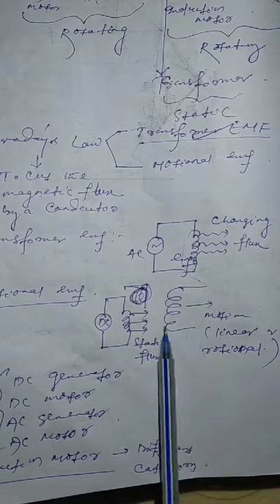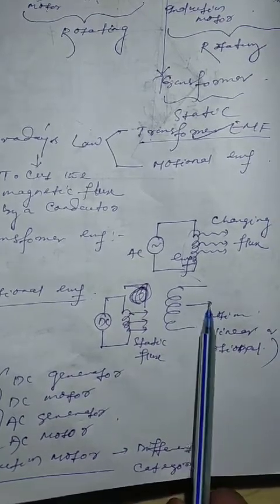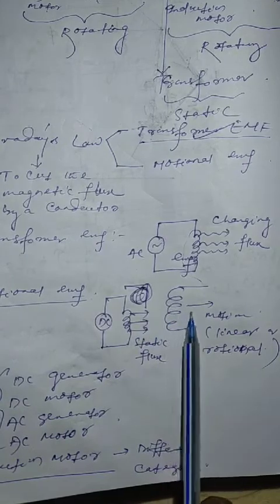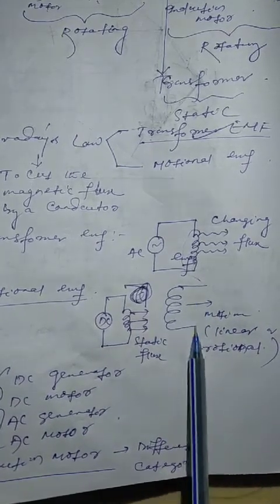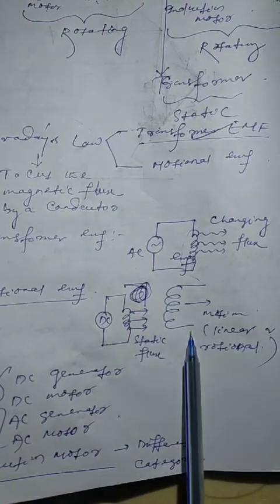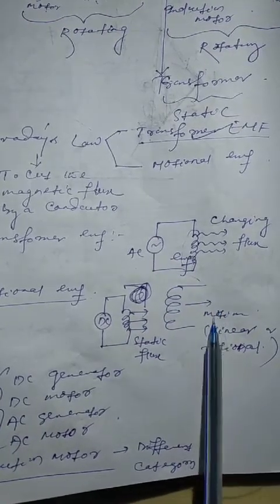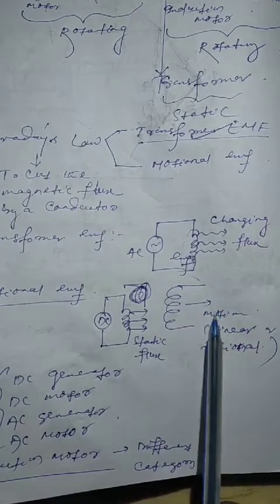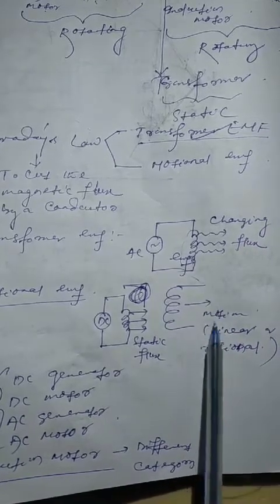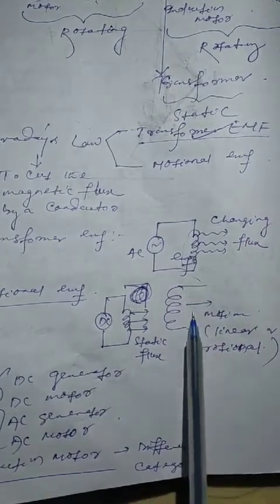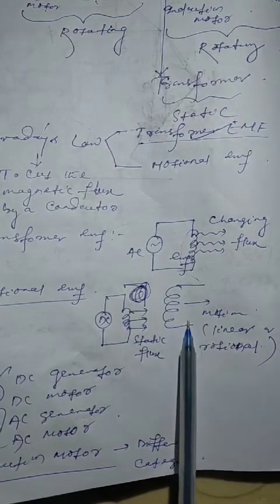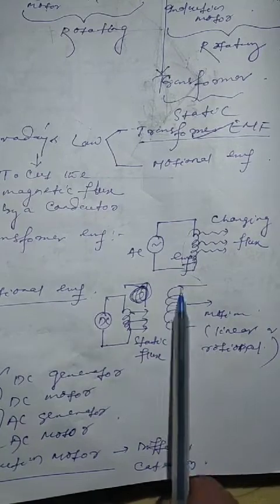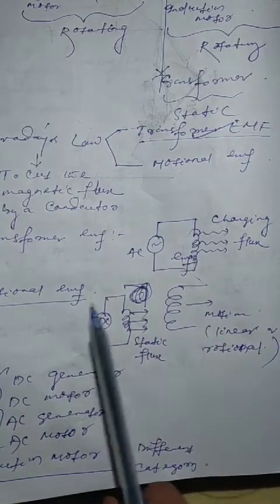Once you move or rotate it, ultimately you have a changing magnetic field through this conductor. So in this conductor there will be an induced EMF across these two terminals. And if you connect a resistance at the output, the induced EMF can produce a current to flow through this resistance. So this is all about the fundamentals of motional EMF.